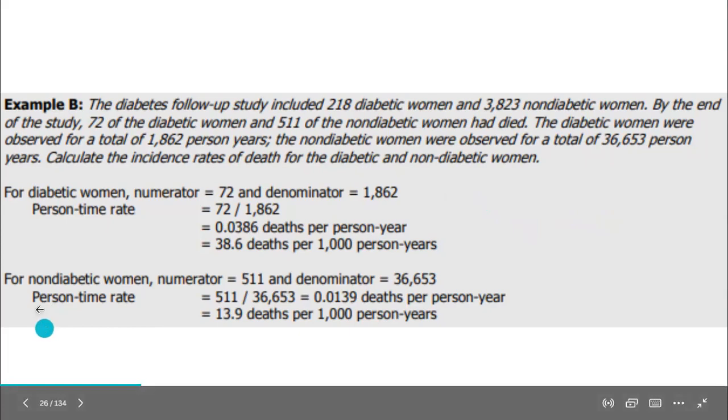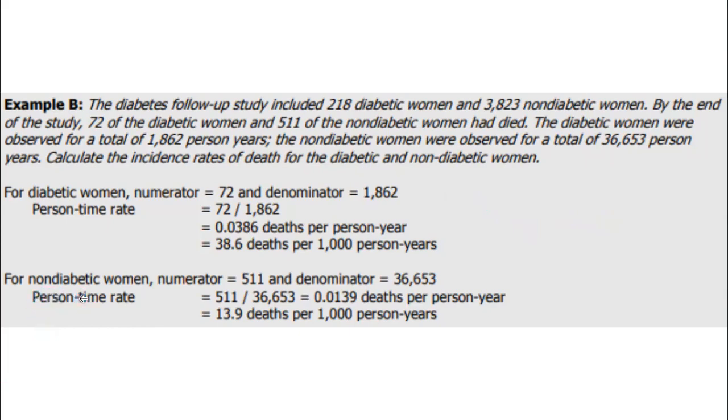And then our second task is to calculate the incidence rate for the non-diabetic women. The total number of non-diabetic women who died is represented by 511. And we compare it with the total person years of non-diabetic women who participated in the study, represented by 36,653.